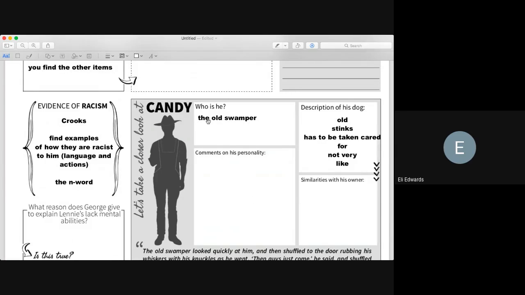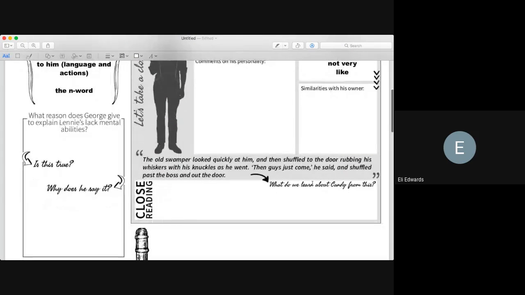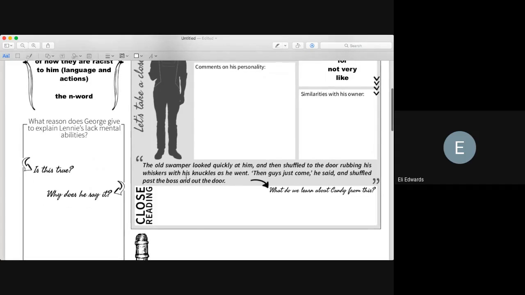And notice Candy does have a disability because Candy only has one arm. What do we learn about Candy from this? "The old swamper looked quickly at him and then shuffled to the door, rubbing his whiskers with his knuckles as he went. 'Them guys just come,' he said, and shuffled past the boss and out the door." What character trait does this show us about Candy?